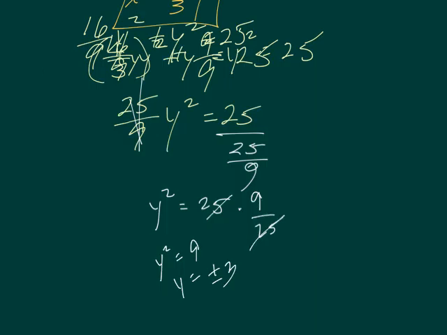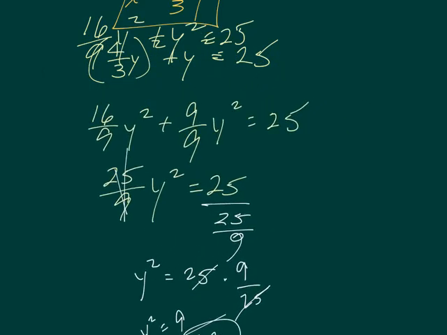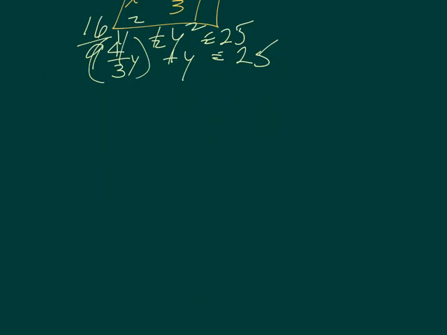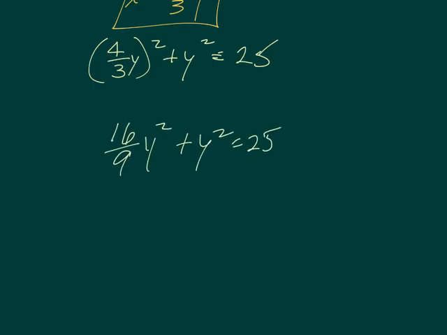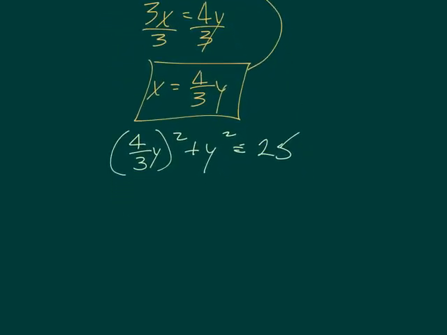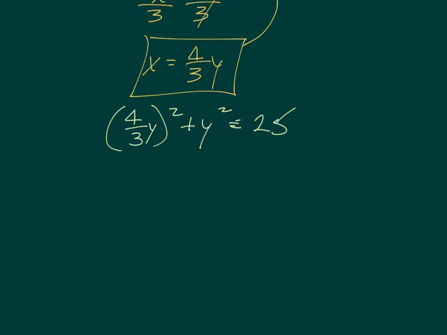So now at this point, remember, we got for an answer plus or minus 3. So we have to go back to our original problem. So let's take it back clear up to this bit right here. x equals 4/3 y.